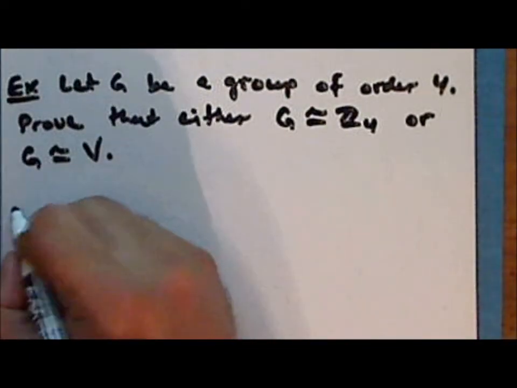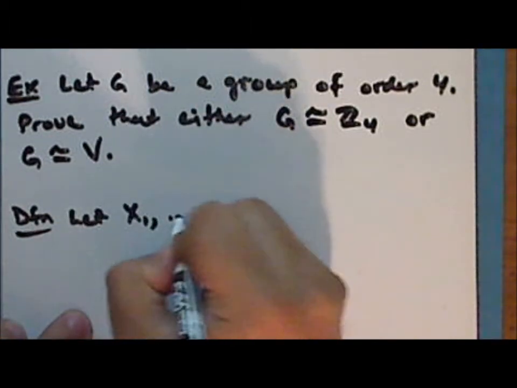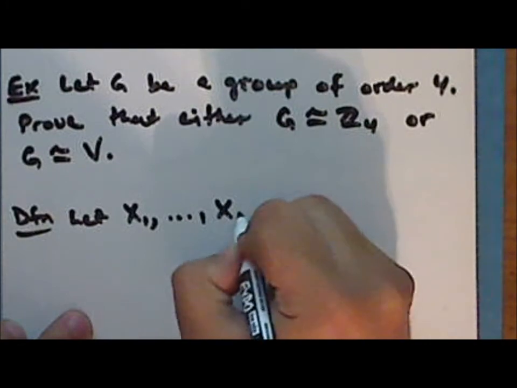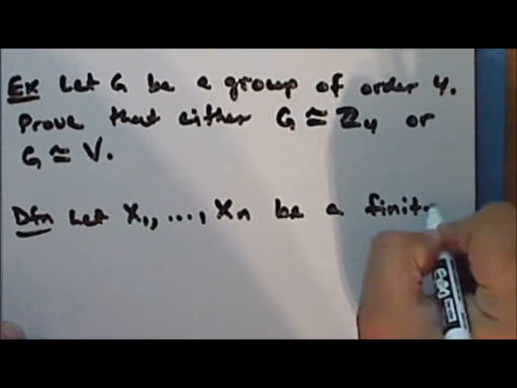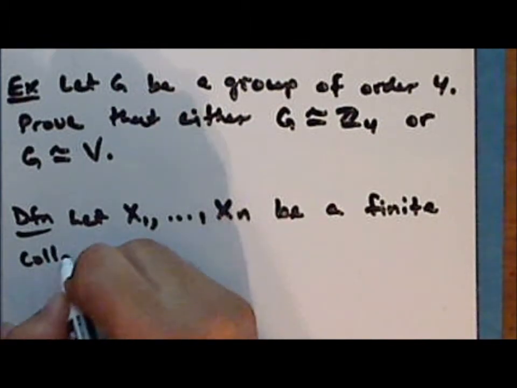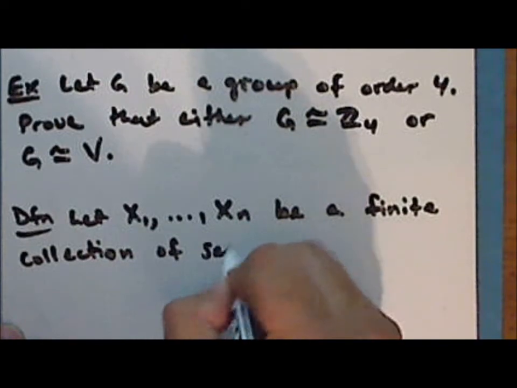Okay, so new definition. Let x sub 1 through x sub n be a finite collection of sets.